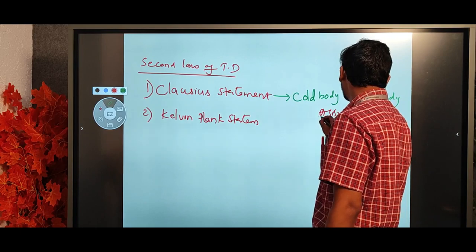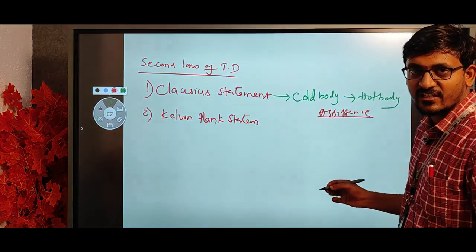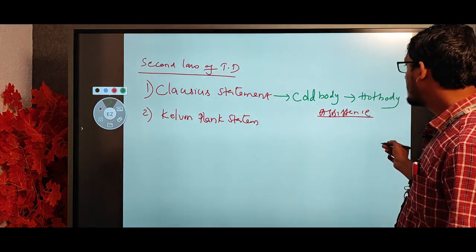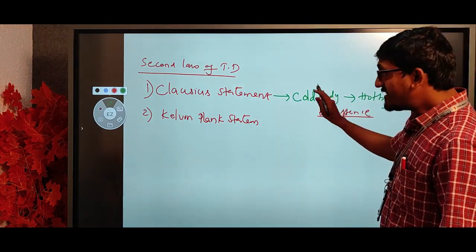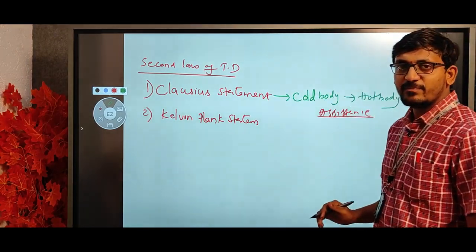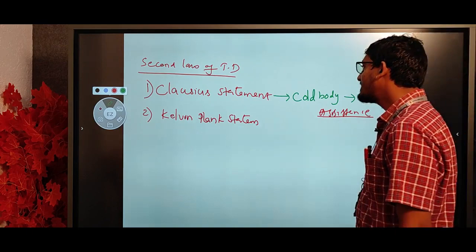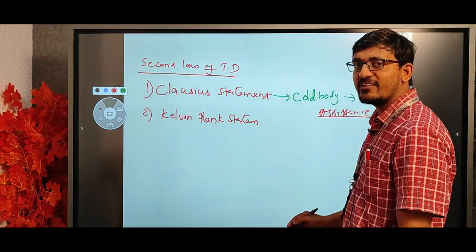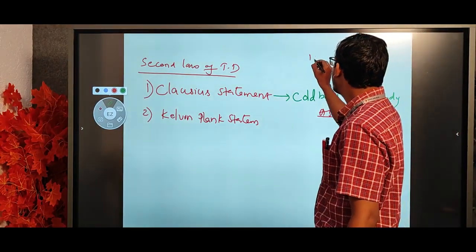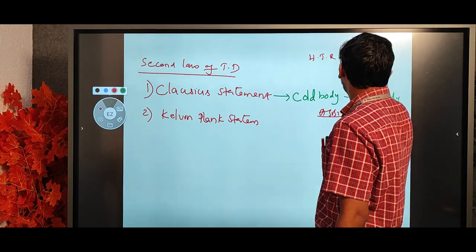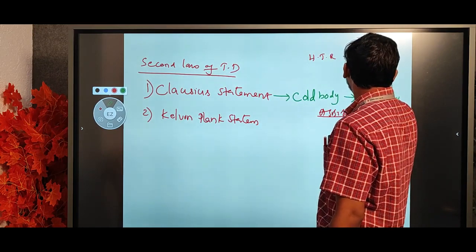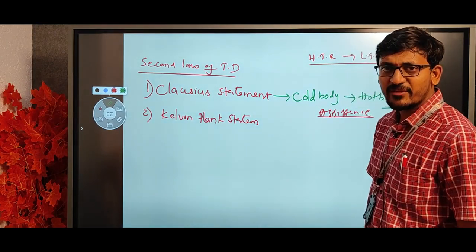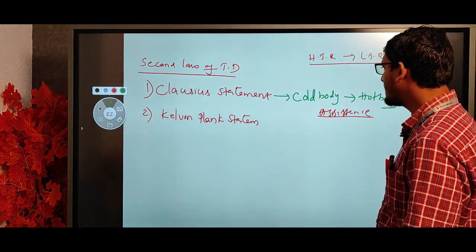Example, heat pump and a refrigerator, right? So on this principle, the Clausius statement principle, the heat transfer is taking place. Means heat always takes place from a higher temperature region to a lower temperature region only.